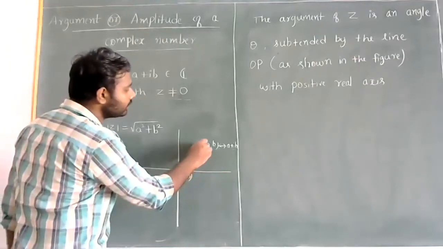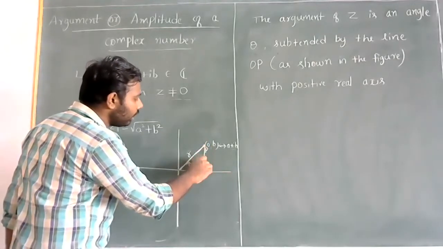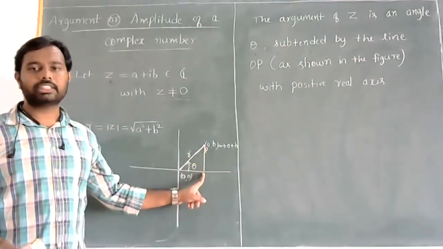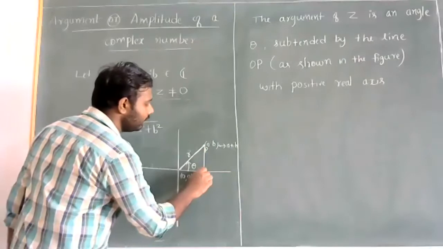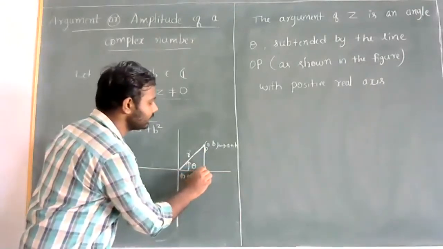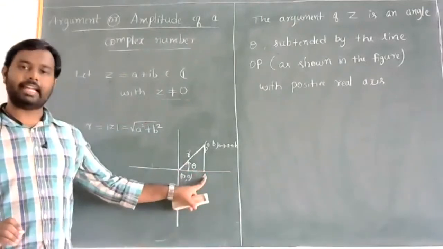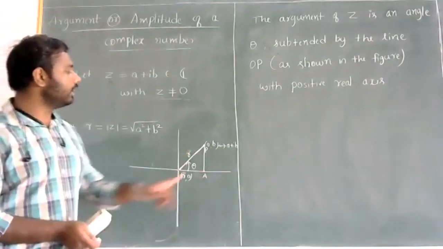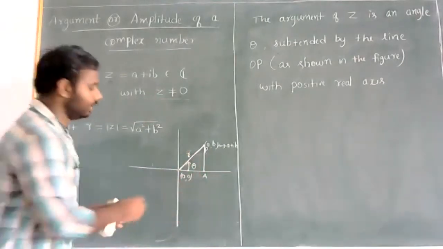Now I'll draw a perpendicular line from point P to the positive real axis and name the point of intersection as A. Now consider the right angle triangle POA.